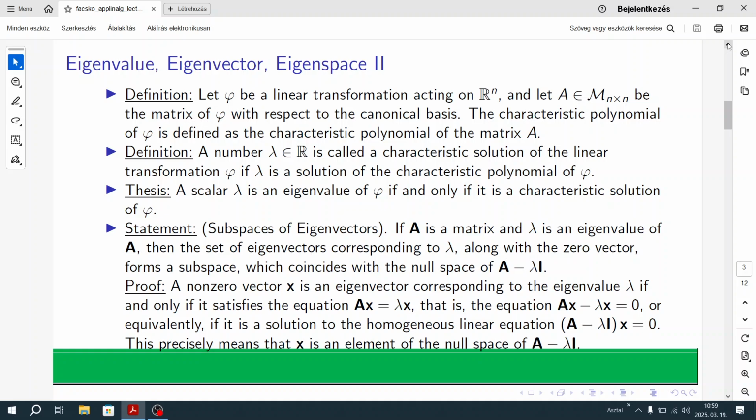If x is a null vector, then that's the trivial solution, and we cannot do anything with it. We need the other stuff, this A minus lambda to be 0, and that's perfect.